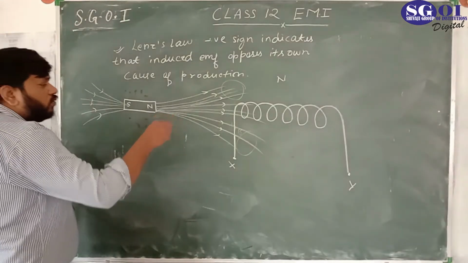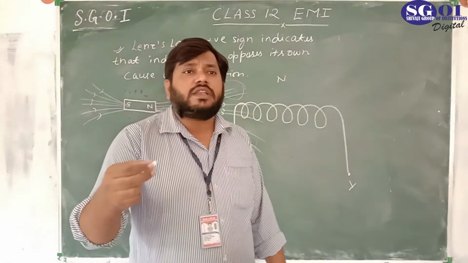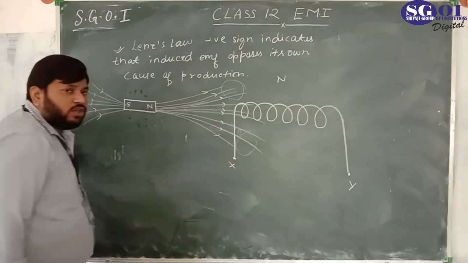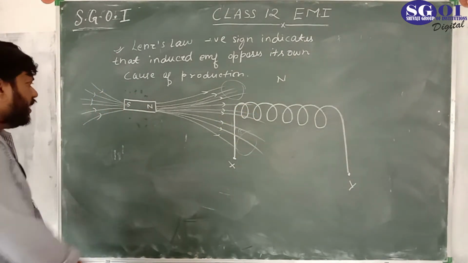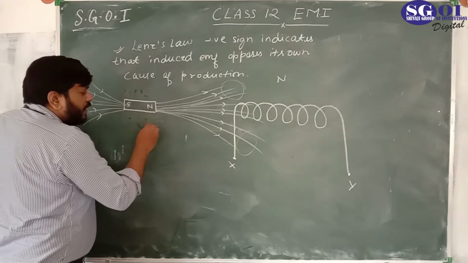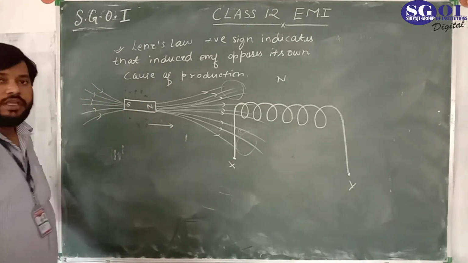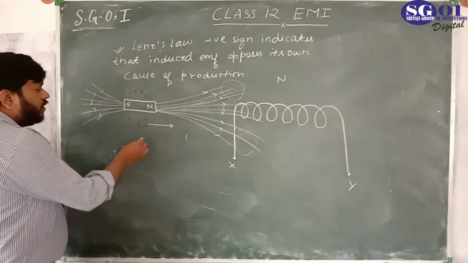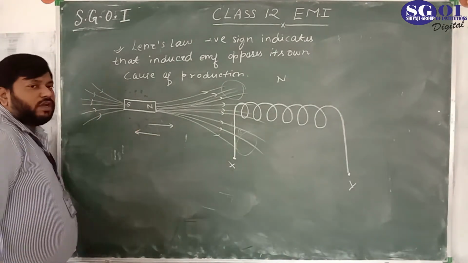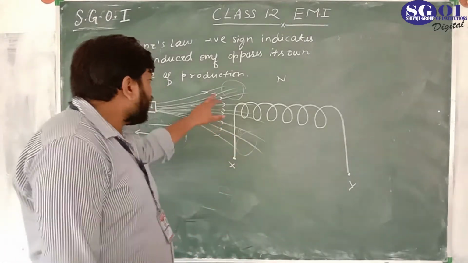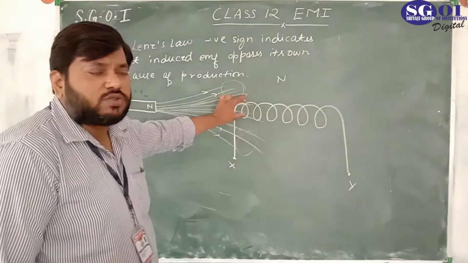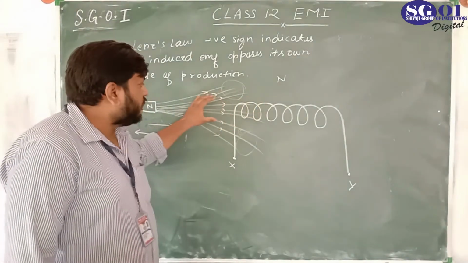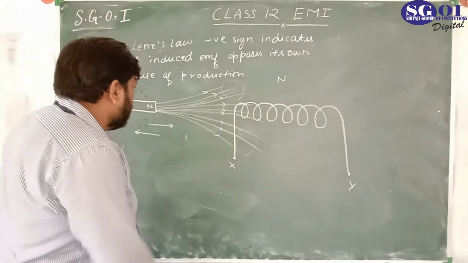Now we want to change the flux linked with the coil. Now what we have to do? Either we move this bar magnet in the direction of the coil, or opposite to the direction of the coil. In both cases, the number of lines linking with this coil changes. If you move in this direction, the number of lines would increase.